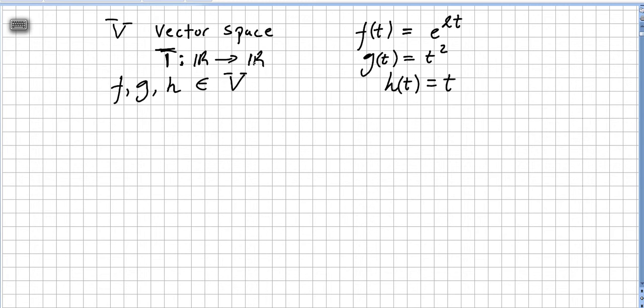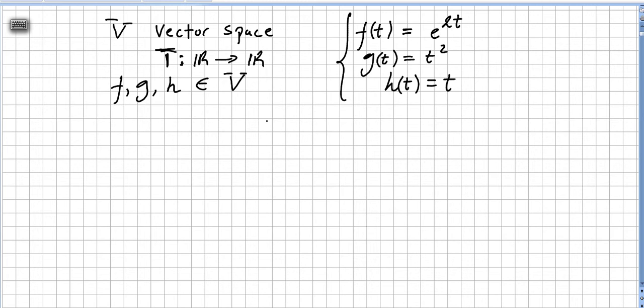Let us say that the functions are these three: f of t is e to the power of 2t, g of t is t to the power of 2, and h of t is t.